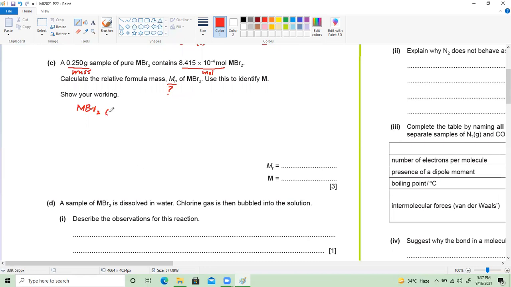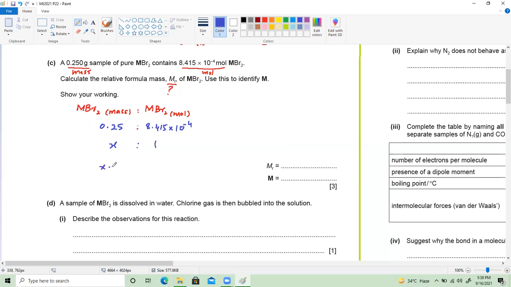So MBr2, its mass is being related with its moles. Take a look at the data, which says that it's 8.415 times 10 raised to the power minus 4 moles of a mass of 0.25 gram. So if its moles are 1, then what will be its mass? You know, the mass of 1 mole of a substance is actually its relative formula mass expressed in grams.